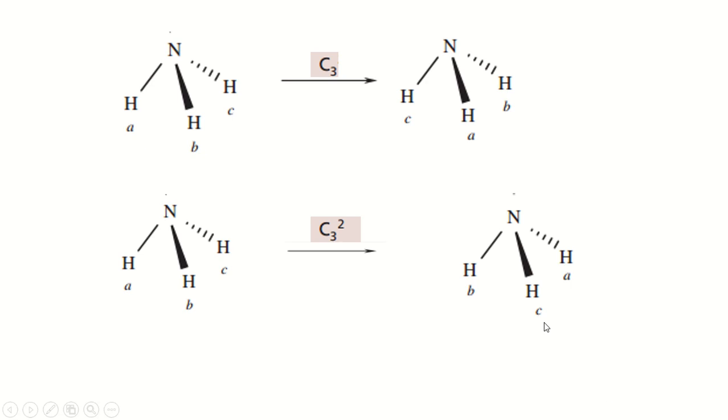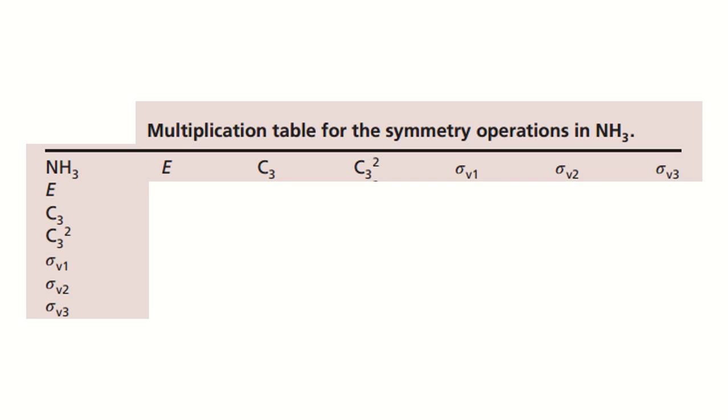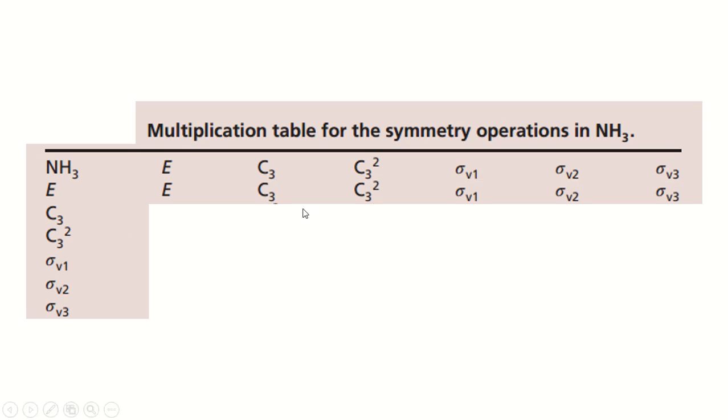The B will definitely join the place of C, and we will get the identity again. This is actually the starting position of the molecule, which is equal to the identity. So if we apply the C3 operation first to the molecule, then C3 twice, it would be equal to identity.